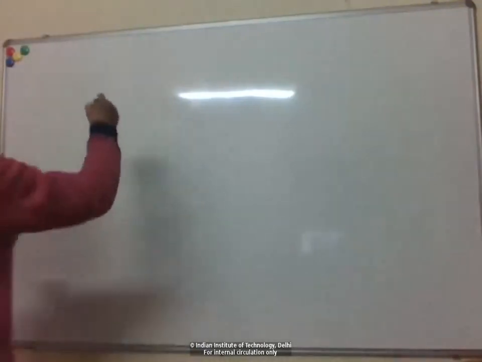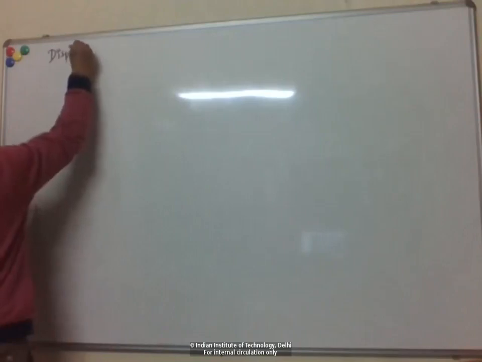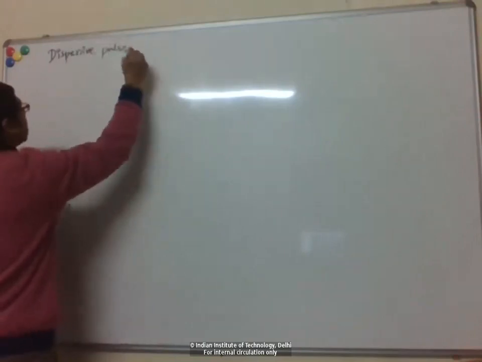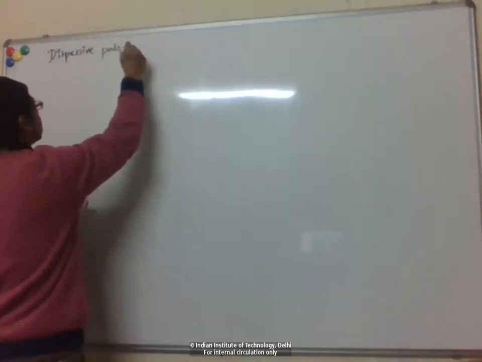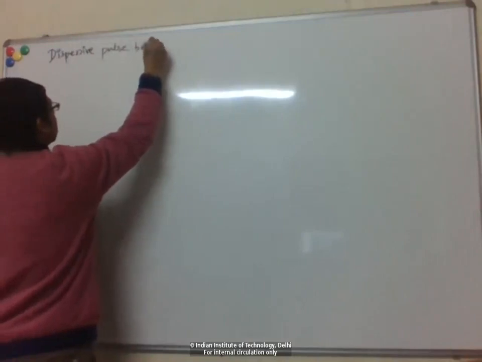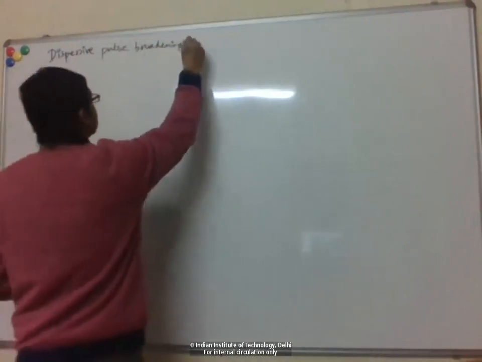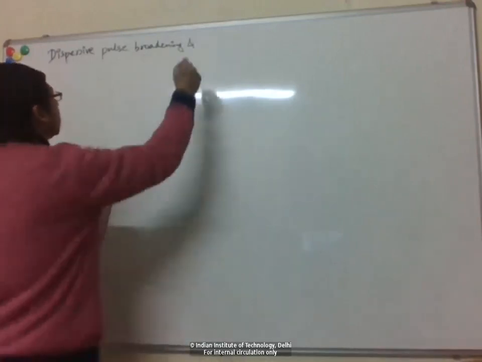Yeah, so we derived this dispersive pulse propagation, which we can use to see how pulses broaden by going through a fiber, right?